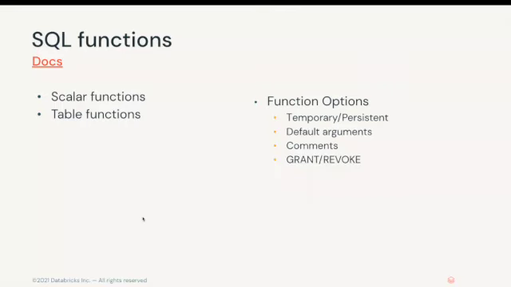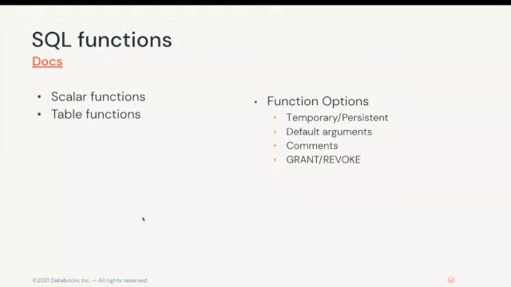There are a couple different things that you can opt in or out of when you're defining these inside of Databricks. You can make them temporary, which means they're just available to you in that particular session that you're working in right now. You can make them persistent, which, and we'll talk about this in more detail as we go through the examples, attaches them to a metastore and makes them available to you in other sessions, and available to other people.